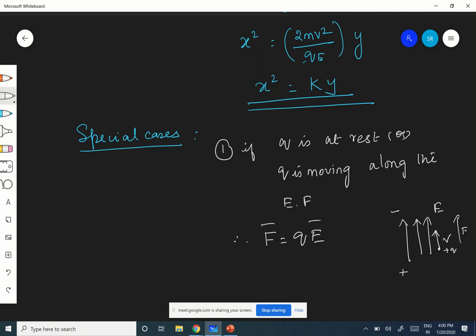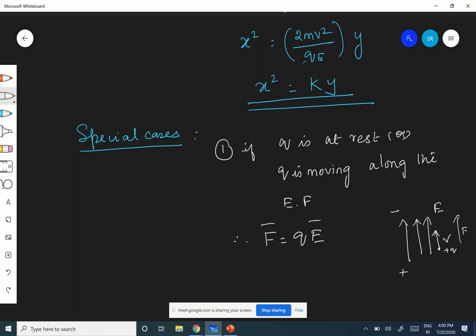Positive, negative, because of the applied electric field, it will definitely experience a force, that is F equal to QE. And therefore what will happen? The particle will be accelerated in the direction of E. Before that, it was moving with the velocity V. Now, once it experiences a force in the same direction, the particle will get accelerated.